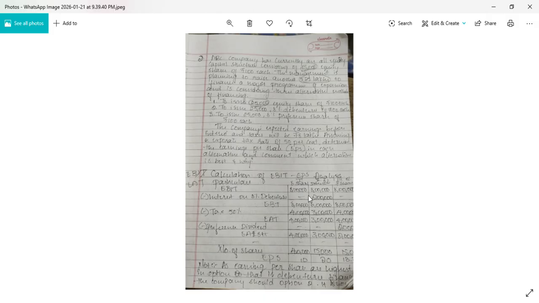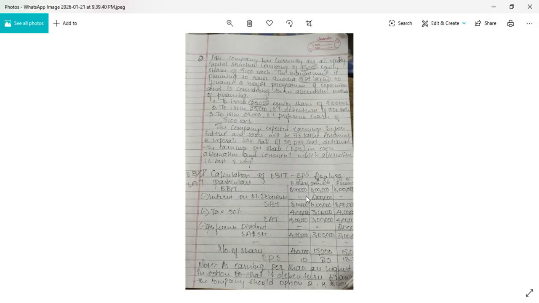We will arrive at 2 lakh as debenture interest. So we'll mention 2 lakh. Then from EBIT, if we deduct interest, that is EBIT is 8 lakh, 8 lakh minus 2 lakh, we will get 6 lakh as EBT. Then in the third option, we don't have debentures, completely it is 25 lakhs as preference shares. We don't have debentures, so here also we are going to mention nil.